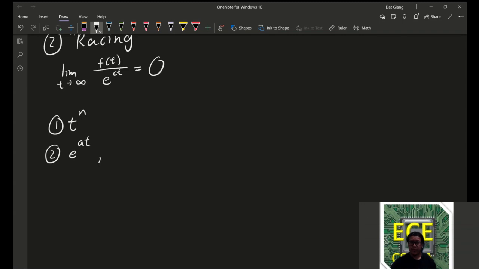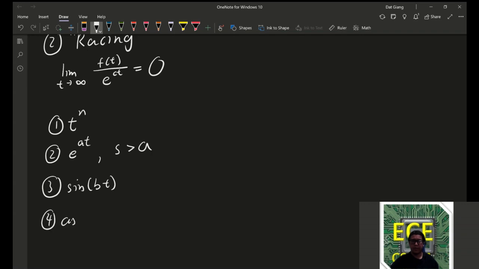Exponentials, yes, only if the complex frequency is greater than a. Otherwise, if the exponential was positive, from 0 to infinity, we get a diverging integral. Three, sine of bt.